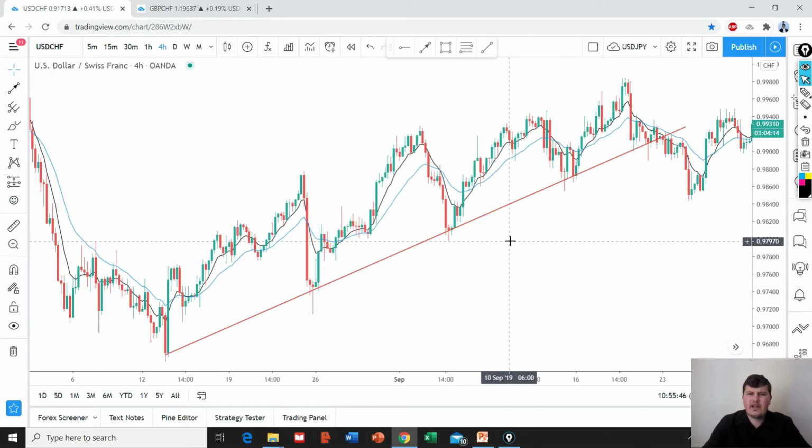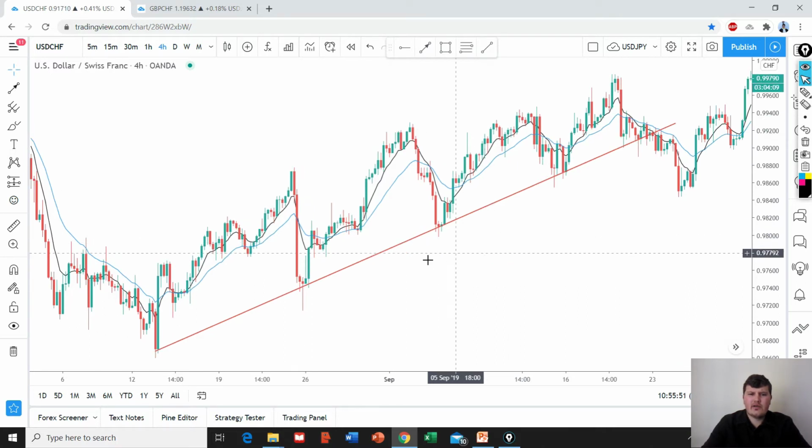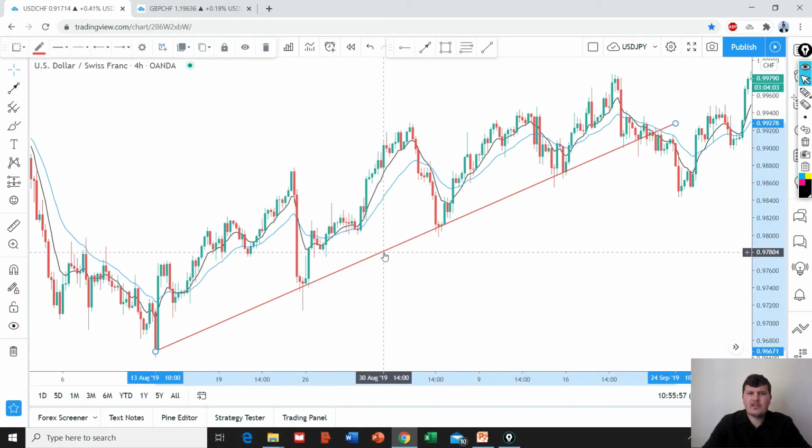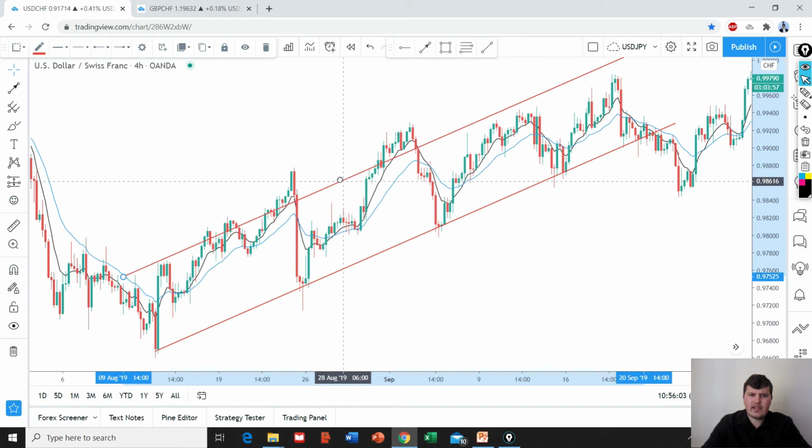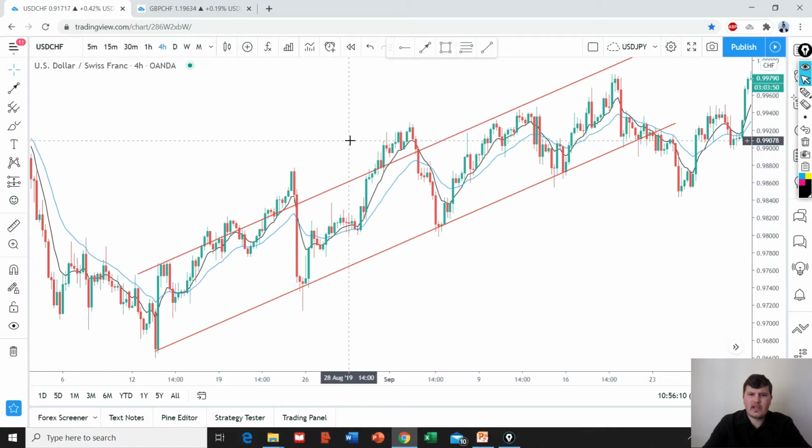So this is the upward trend line I drew in the previous video. Now we're going to use this trend line to draw a bullish channel, and I'm just going to click on this trend line, and you're going to make a clone of it or a copy, and you're going to connect at least two of the peaks of the top of the move like this.